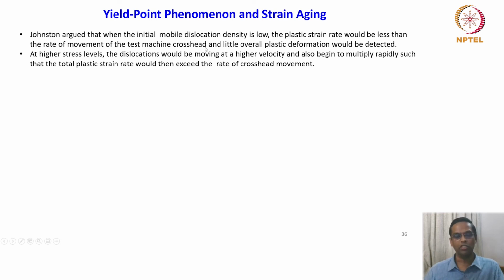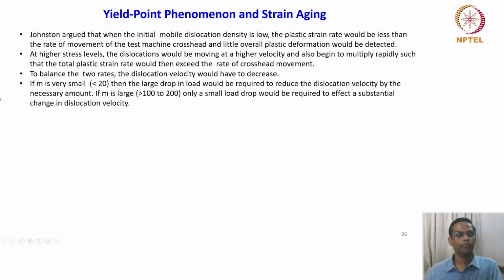We are comparing these two. Okay. To balance the two rates, the dislocation velocity would have to decrease. To keep the deformation going, something has to compensate. So these two rates have to come into an equilibrium or a balance. For that, the dislocation velocity would have to decrease.